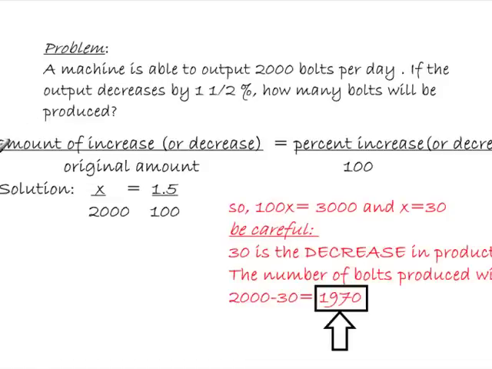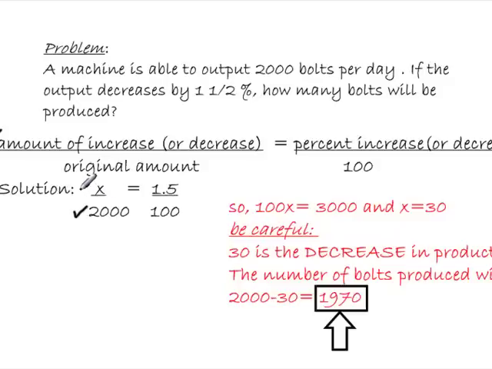So, using our proportion, the amount of increase or decrease, for now, let's call that x, and we have to remember that x is the amount of the increase or decrease, the number of volts. That's what that is. And what is the original amount? Well, the original amount of its output really is 2,000 per day.